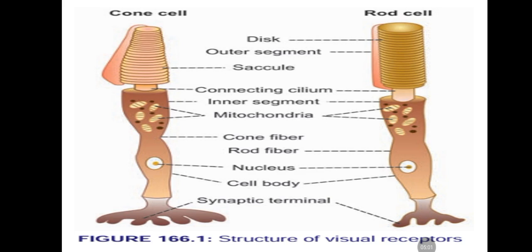In both cone cell and rod cell, you may see the connecting cilium, inner segment, mitochondria, nucleus, cell body, synaptic terminal, and in cone cell you may notice the cone fiber, and in rod cell you may notice a rod fiber.